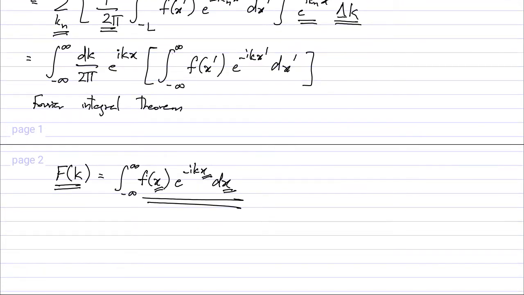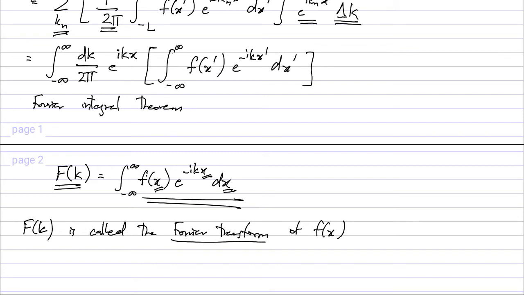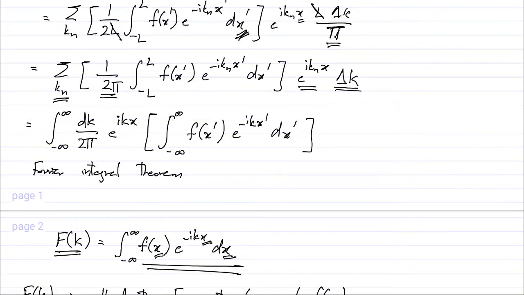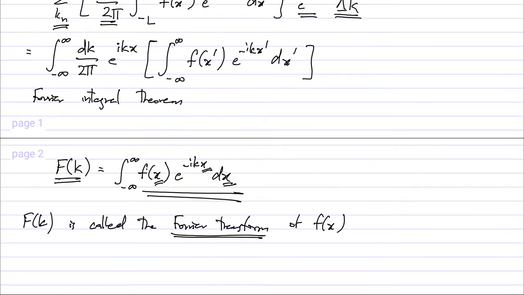Capital F of k is a function of k, of course, and is called the Fourier transform of f of x.